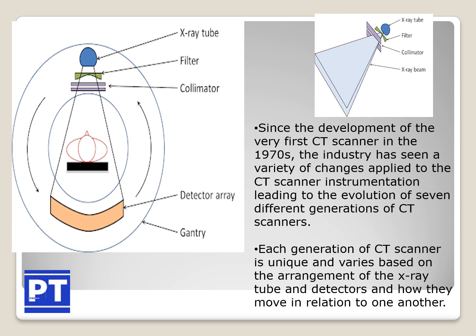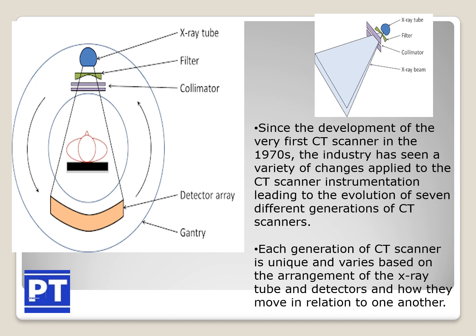Since the development of the very first CT scanner in the 1970s, the industry has seen a variety of changes applied to CT scanner instrumentation, leading to the evolution of 7 different generations of CT scanners.